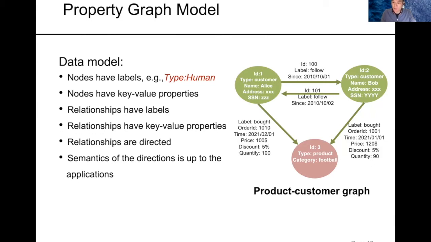Similarly, customer 2 also bought the product on January 1st, 2021, at a price of $120 with a 5% discount. Also, customer 1 follows customer 2 since October 1st, 2010, and customer 2 follows customer 1 since October 2nd, 2010.